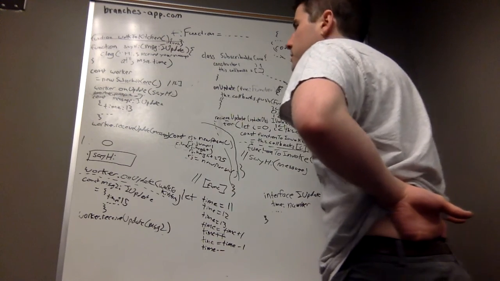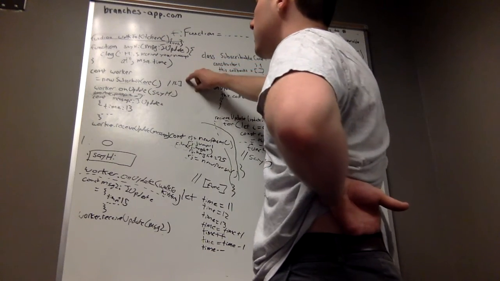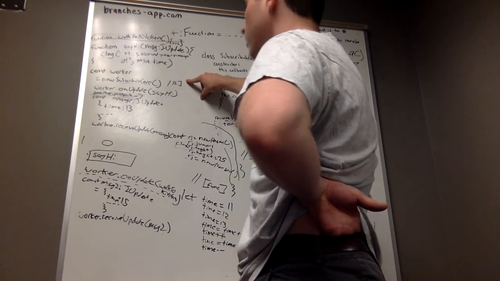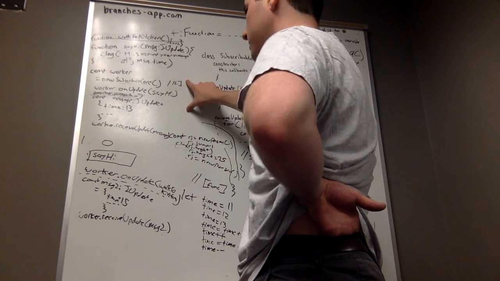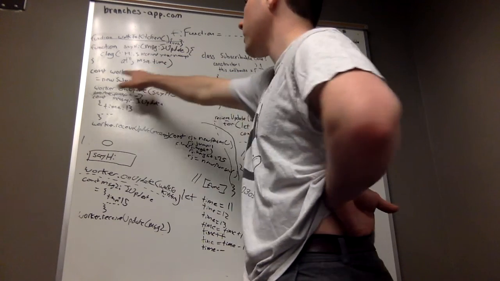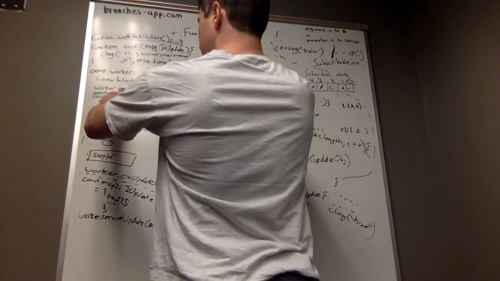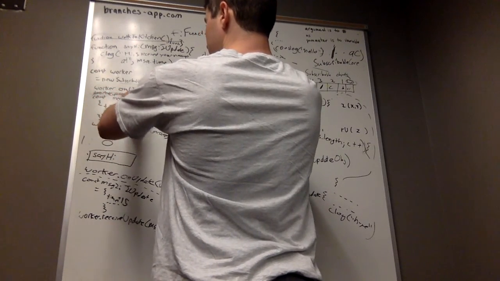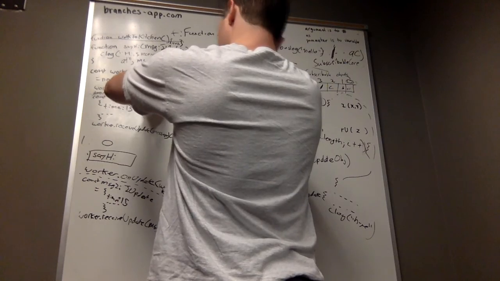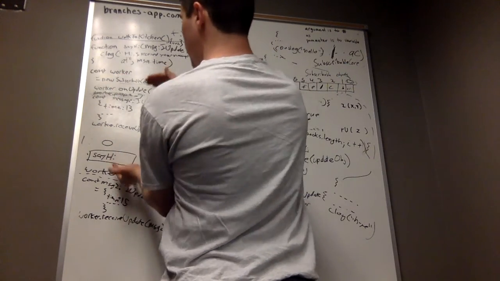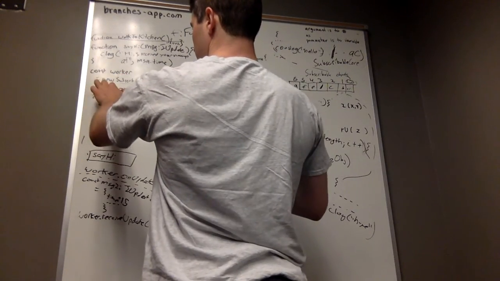Worker was const worker equals new subscriber. Now our worker dot on update say hi, and worker dot on update walk to kitchen. Those are both underneath this.